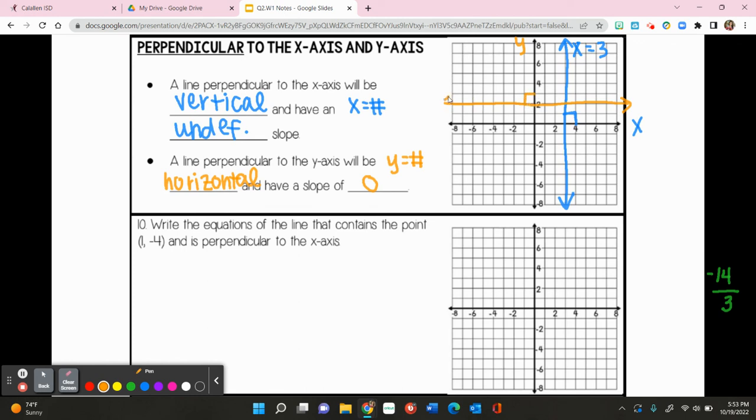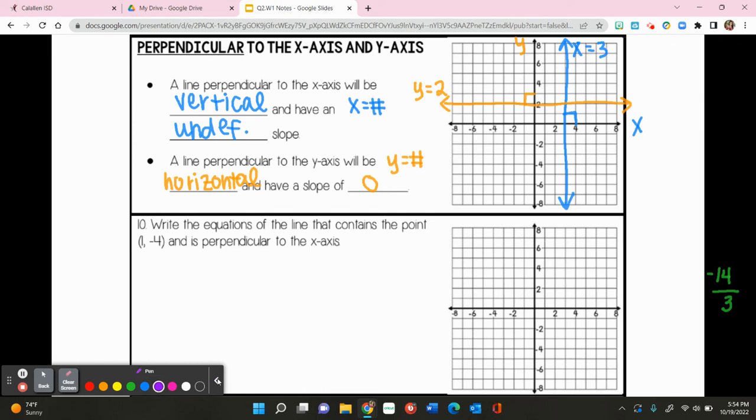So this was perpendicular to the y-axis, and its equation is y equals 2. Again, its graph would be y equals some number and have a slope of 0.